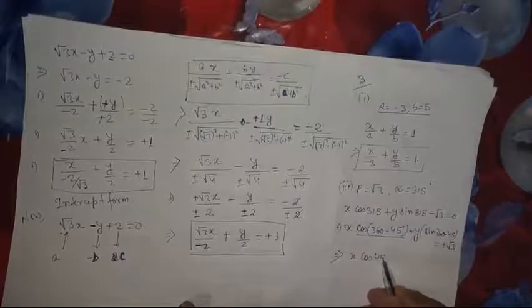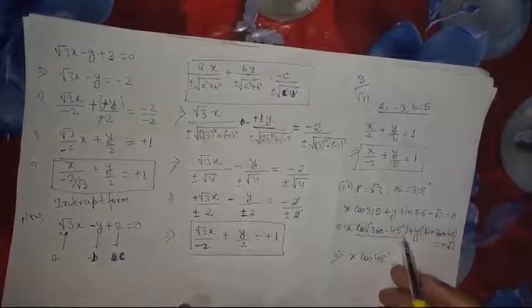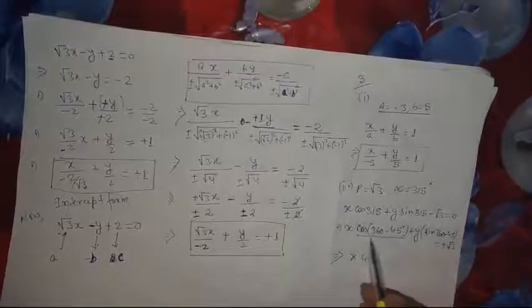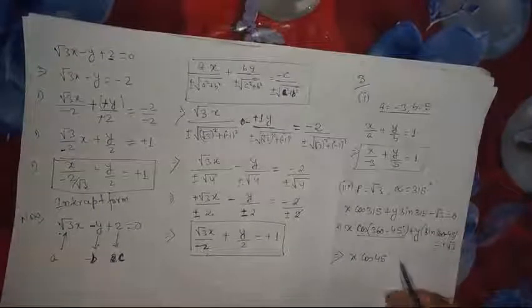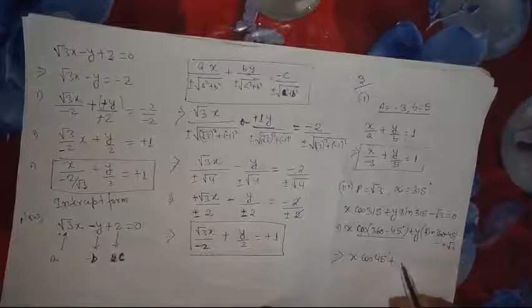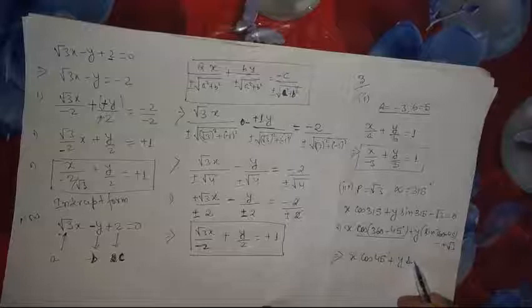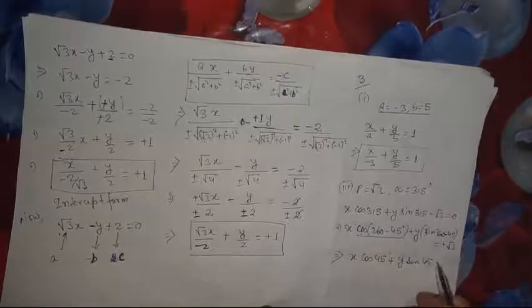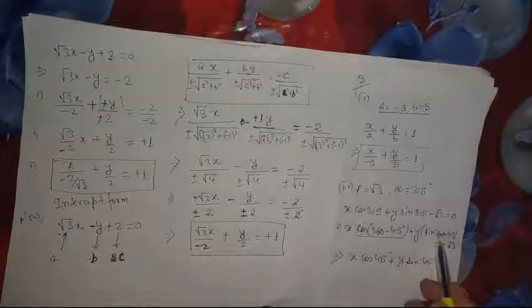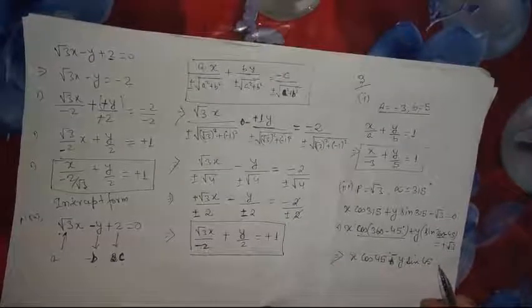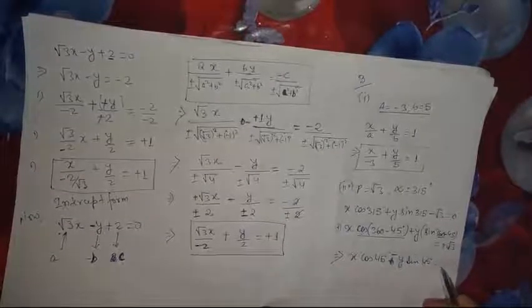Just see the rules once. It is cos only. For these rules, just go through the trigonometry chapter once and see that there are various rules; cos 360 minus theta, one rule is given. And for y, sine is reversed, this is minus sine theta, so you will get minus sine 45 equal to root 3.